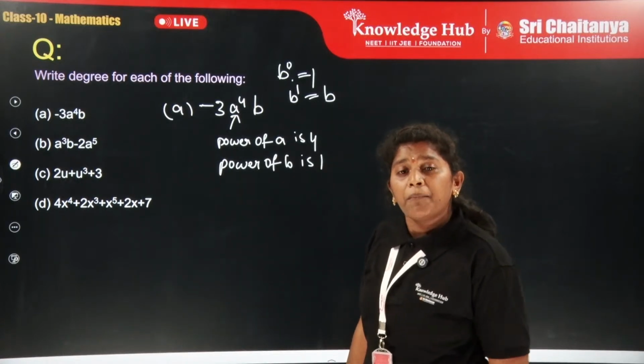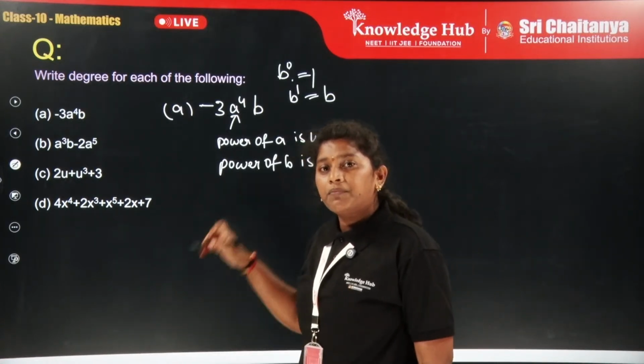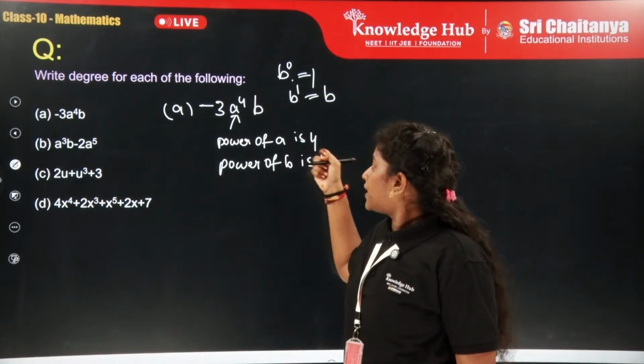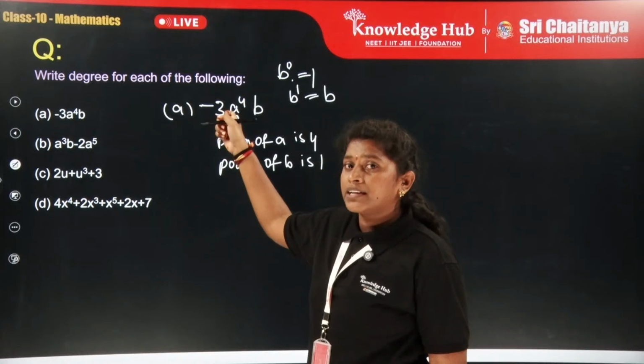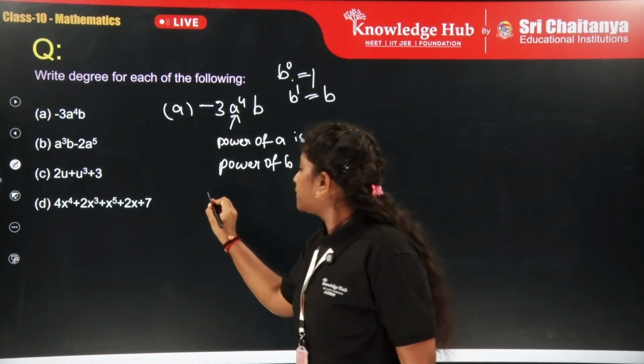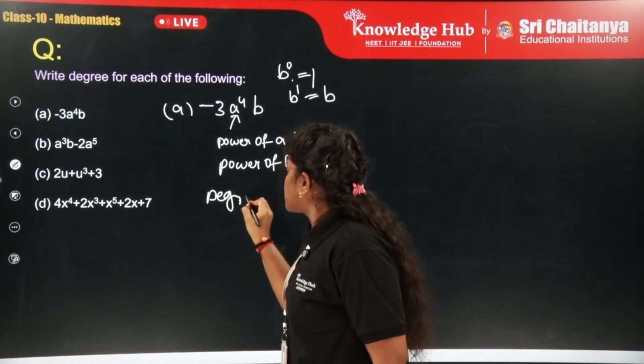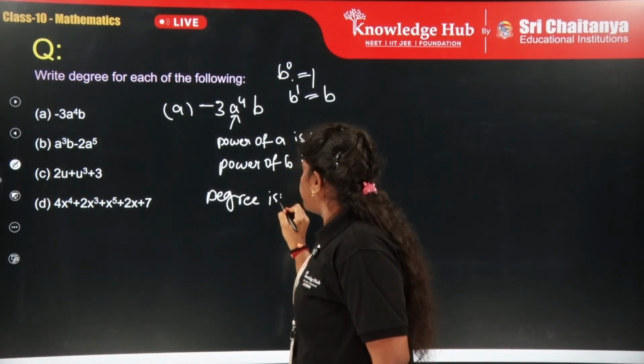Now if you compare the power of a and the power of b, you can observe that a is having the highest power. So the degree of the polynomial minus 3 a power 4 b will become 4. So here the degree is 4.